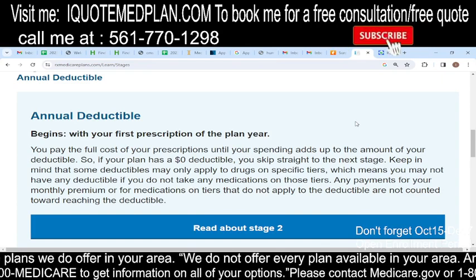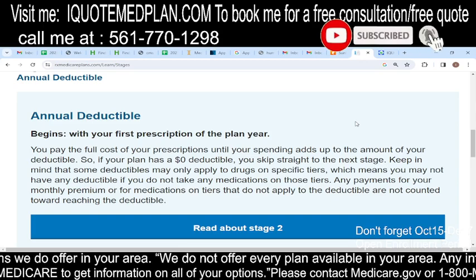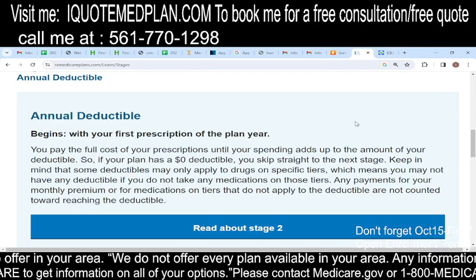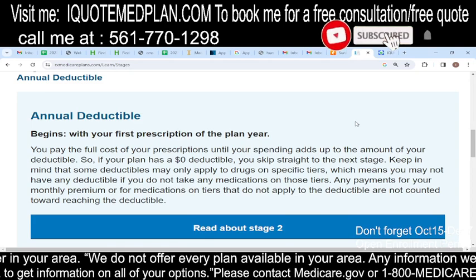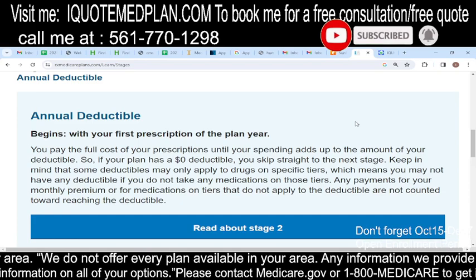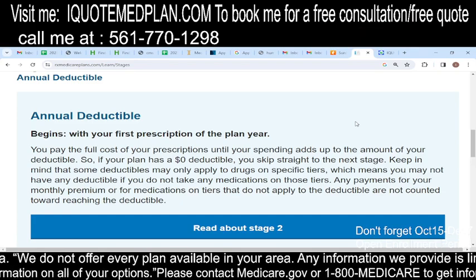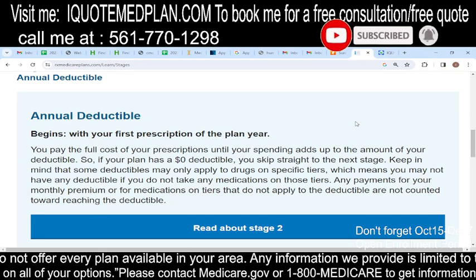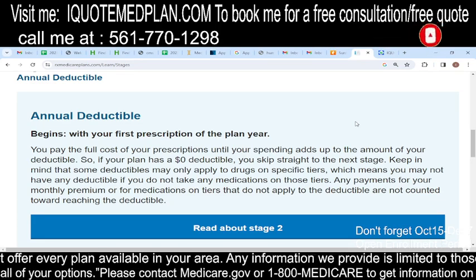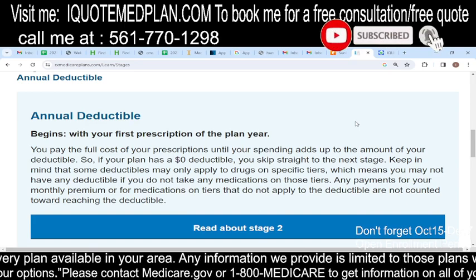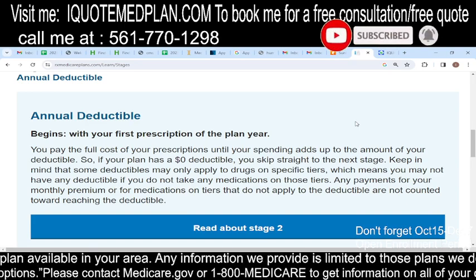Keep in mind that some deductibles may only apply to drugs on specific tiers, which means you may not have any deductible if you do not take any medication on those tiers. Any payment for your monthly premium or for medication on tiers that do not apply to the deductible are not counted towards reaching the deductible.